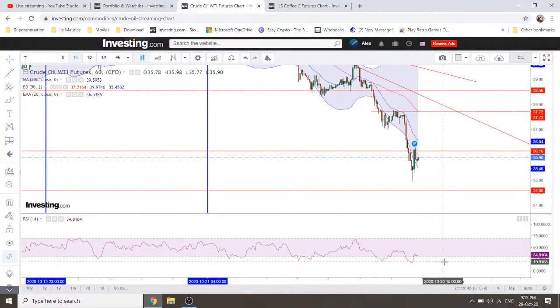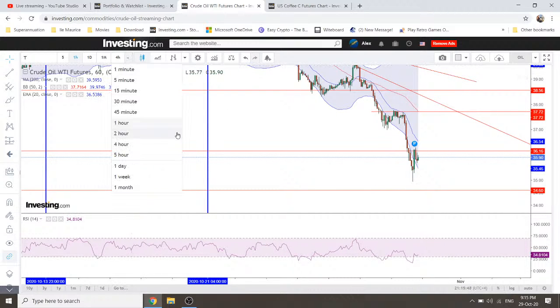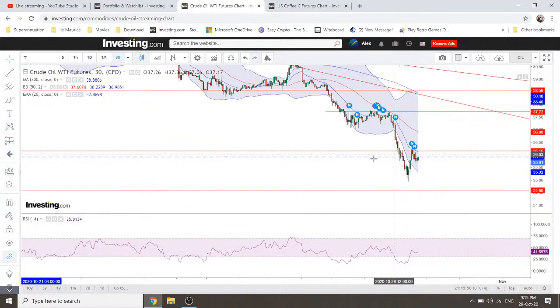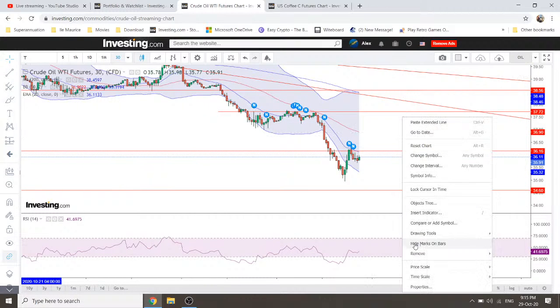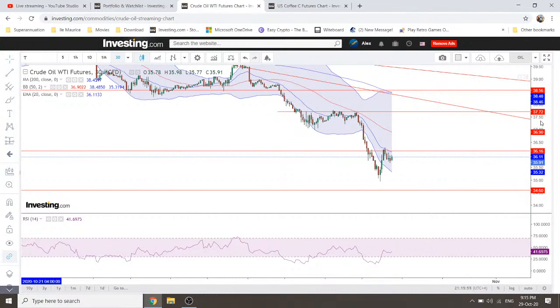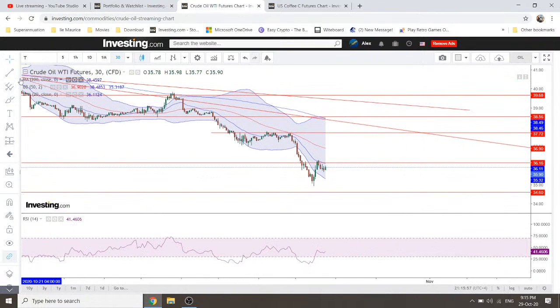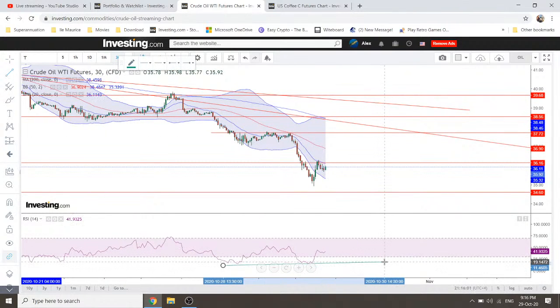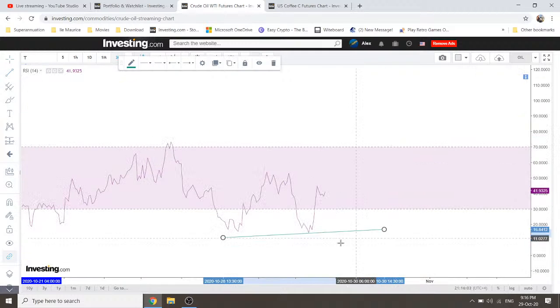I think the 1 hour doesn't actually show divergence, but we're having one on the 30 minutes. So the lower the time frame, the less reliable, because it will be easier to invalidate should the momentum pick up on the other side. It's not really neat.